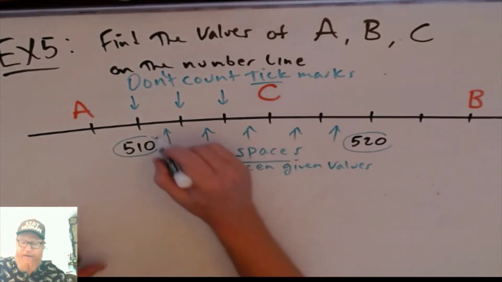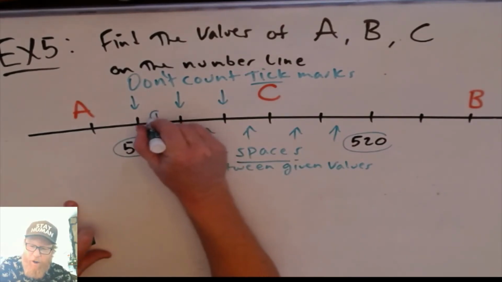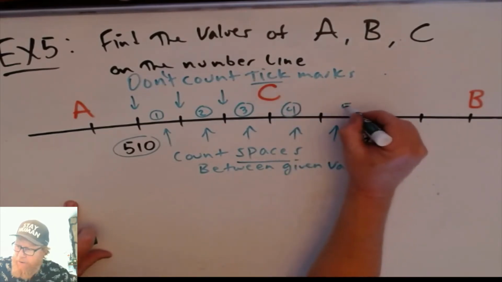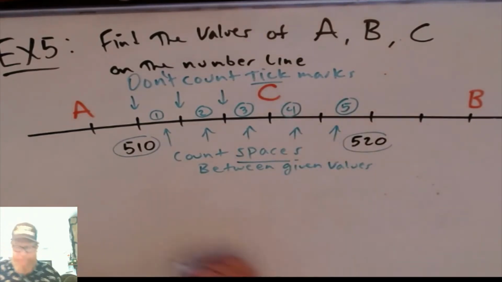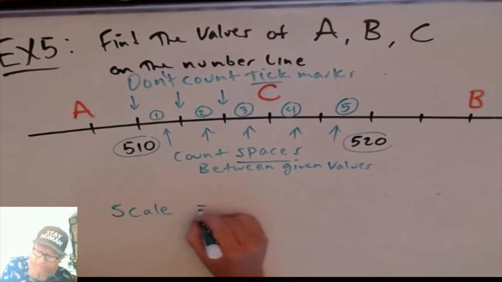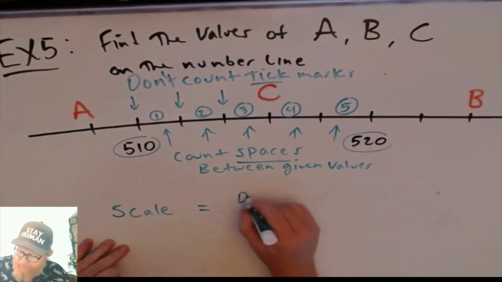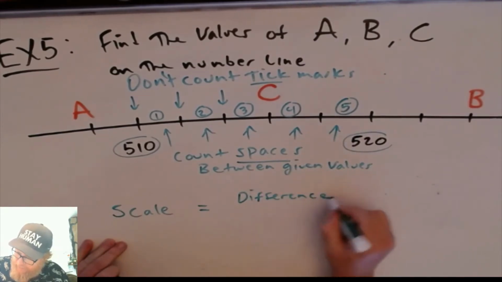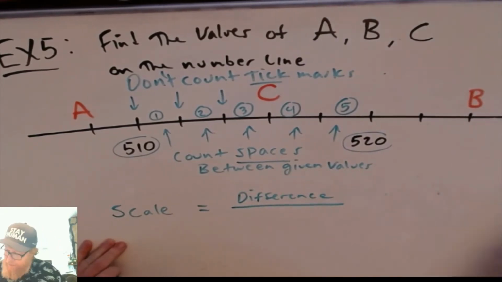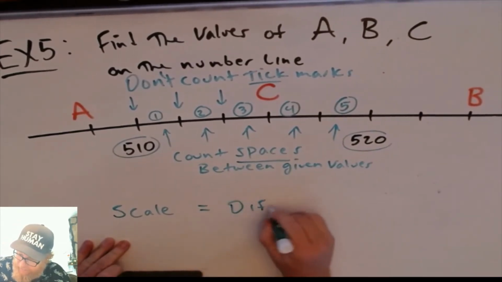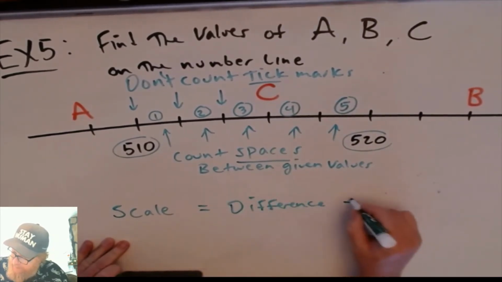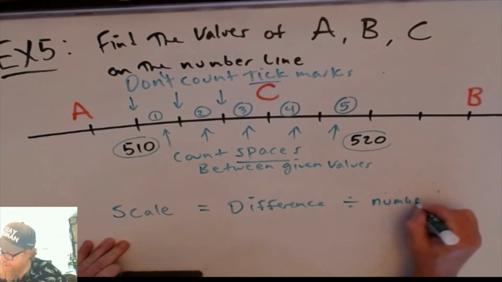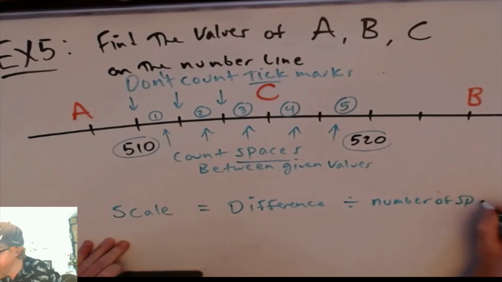Don't count those, all right? Count the actual spaces. So you have 1, 2, 3, 4, 5. The scale is equal to the difference in values divided by the number of spaces. Excuse me, I just said don't count the tick marks.